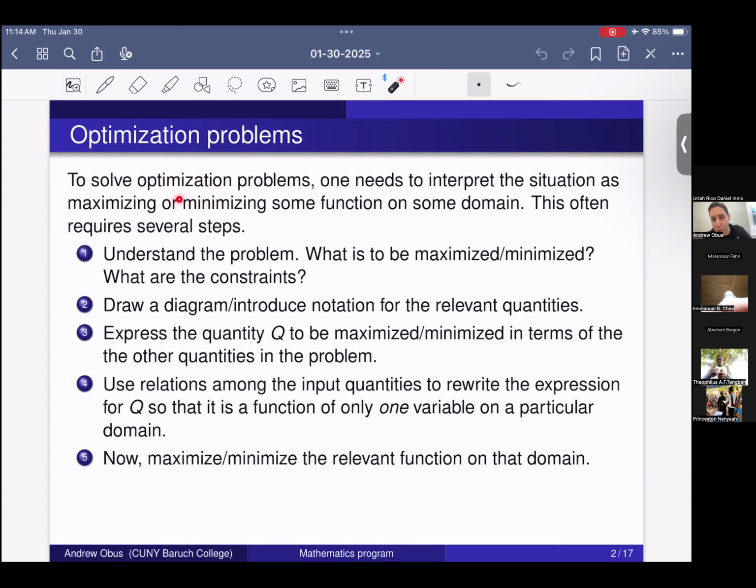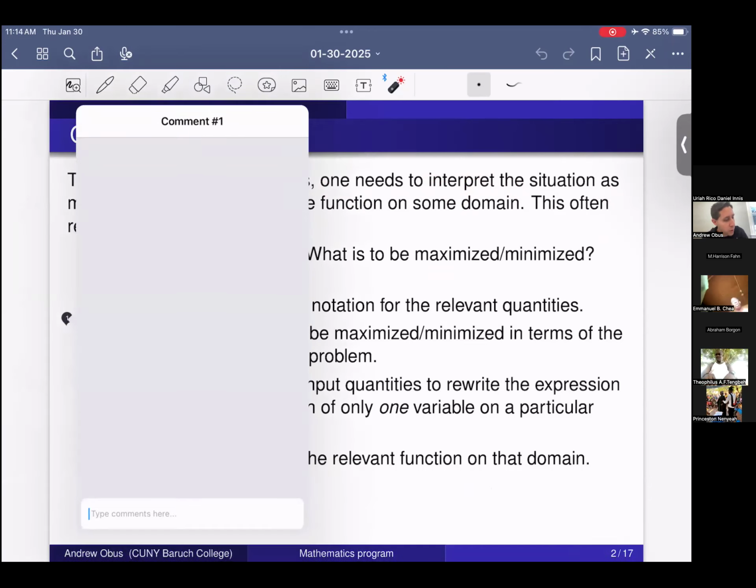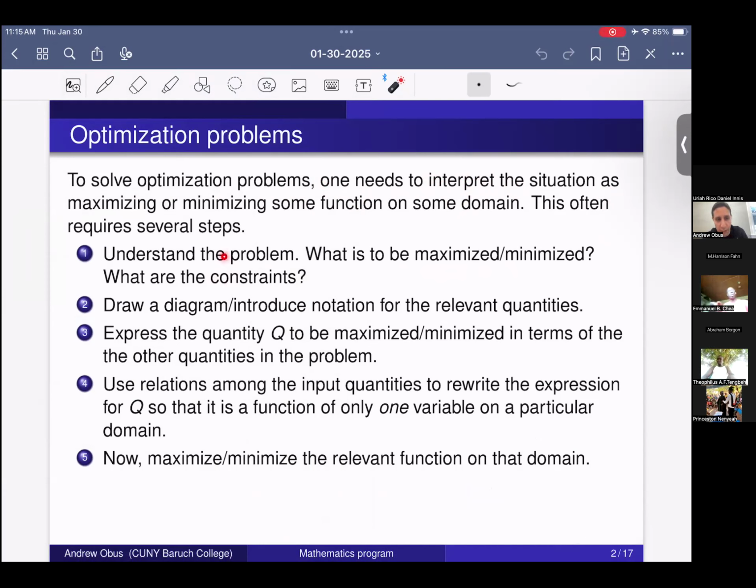To translate that into calculus, you have to interpret whatever situation you're in as maximizing or minimizing some function on some domain. This may require several steps. The first one is to understand the problem. What are you trying to maximize or minimize? And what are the constraints? Your inputs may have some constraints.